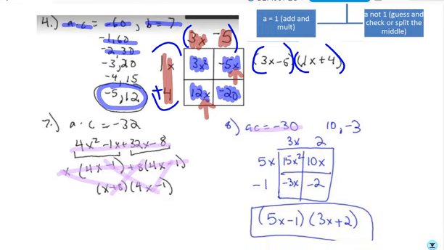I'm sorry, I didn't get the middle term. So 10 plus -3 is +7. 10x plus -3x is +7x. Using your box method, you come up with 5x minus 1 and 3x plus 2 as shown below.